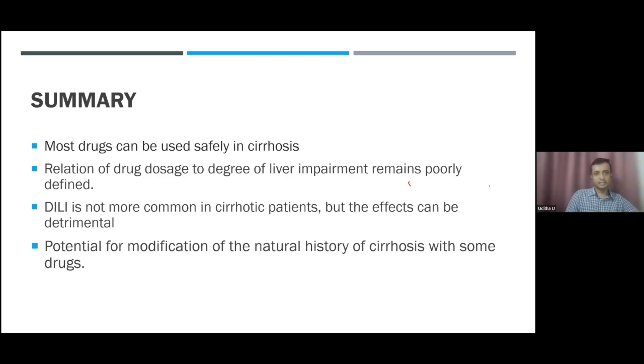The definition of how to establish a drug dosage with liver impairment is poorly defined. And drug-induced liver injury is not more common in cirrhotic patients, but the effects can be detrimental. And there is a potential for modification of the natural history of cirrhosis with some drugs. So that is basically all I wanted to cover at this point.